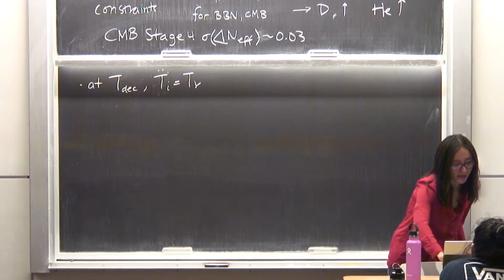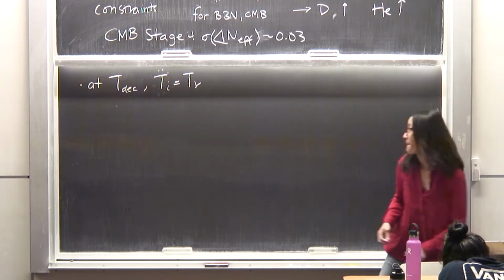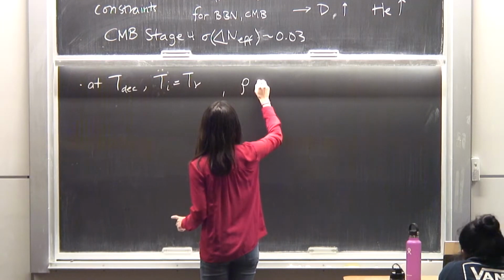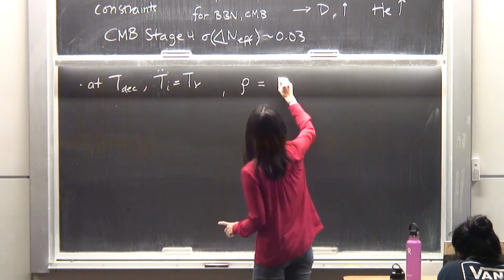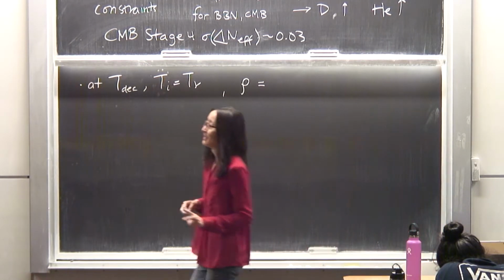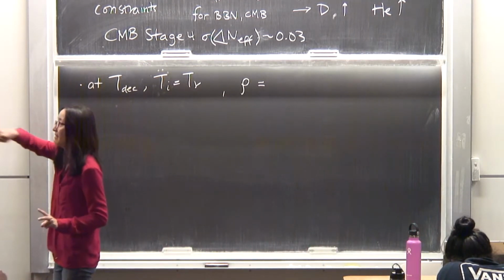Okay, so let's compute that. So at this time, the dark sector part had, I'm going to assume very minimally, just 2 degrees of freedom, meaning both the dark matter and the mediator.